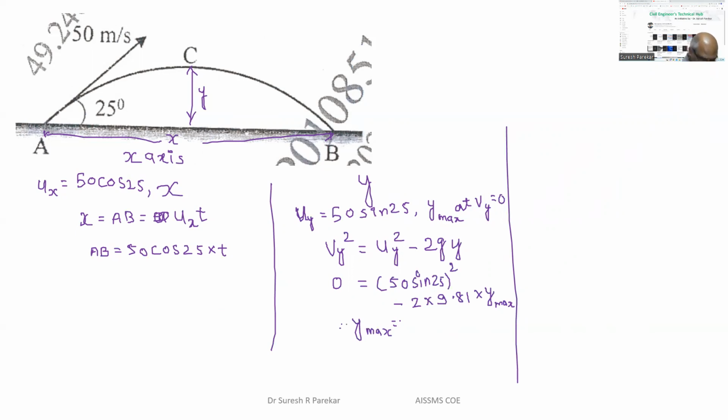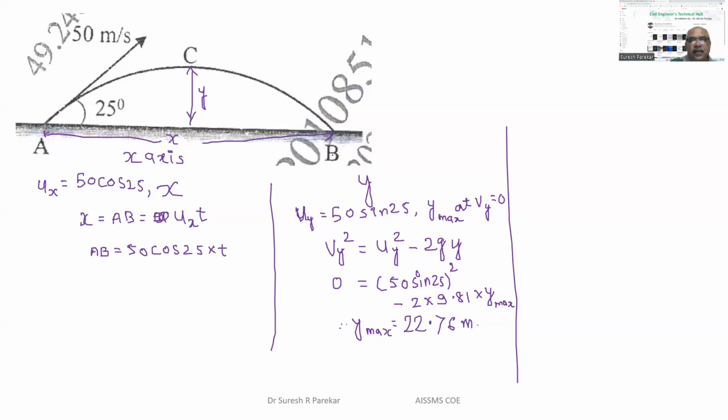We have 22.76 meters. I didn't get this, just a minute. So I have this value 22.76 meters.